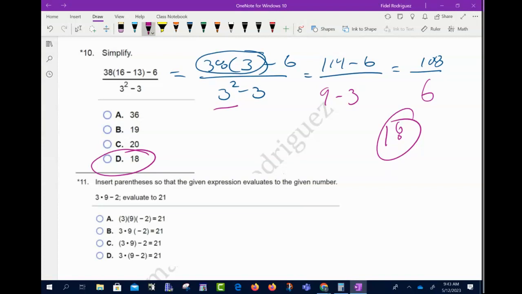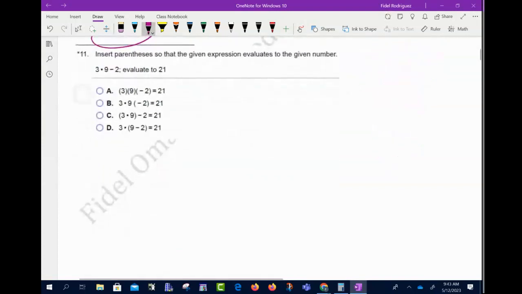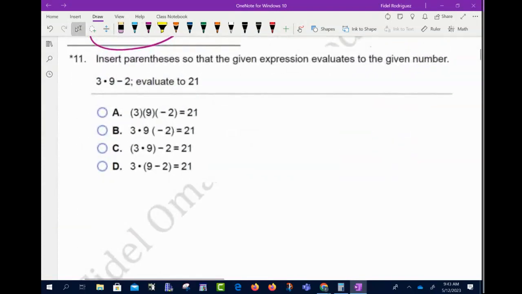When I look at number 11, it says insert parentheses so that the given expression evaluates to the given number. So we want to get 21. This is a time when I would ask, what do I want to do first?